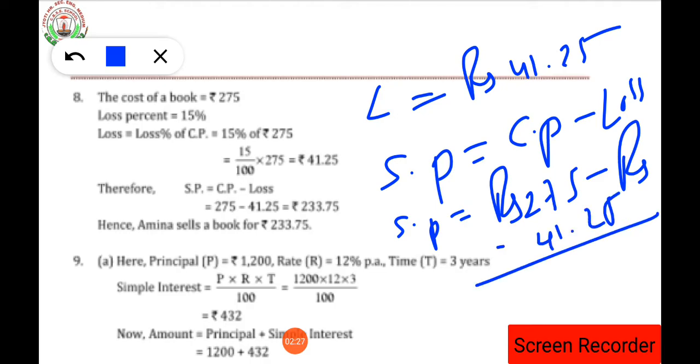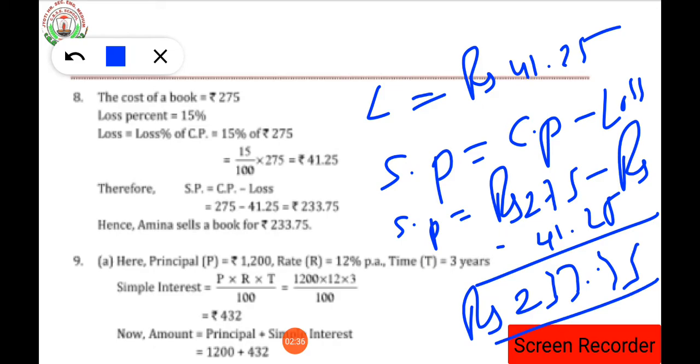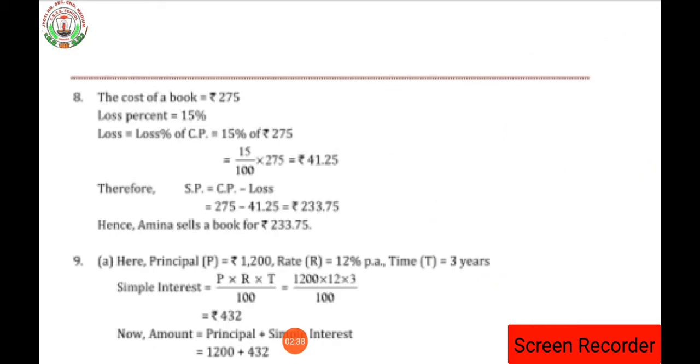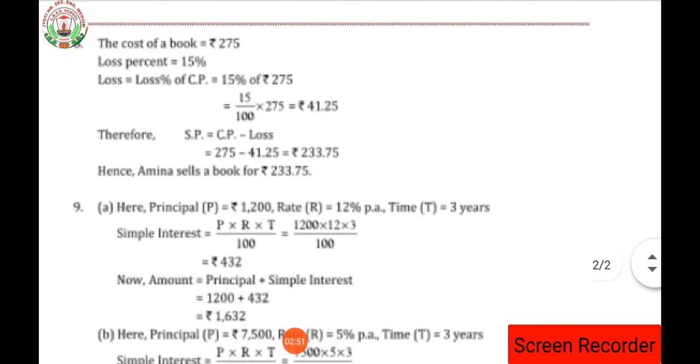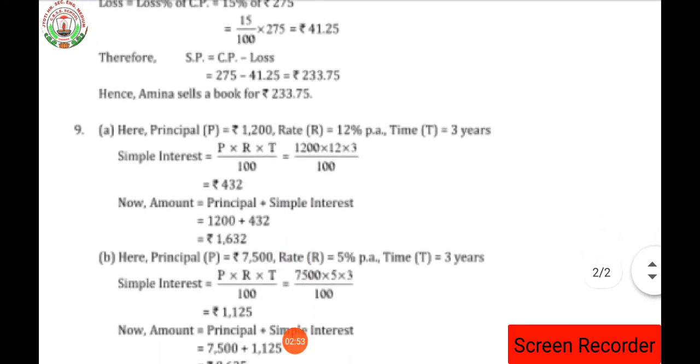Solving this by subtraction, we get rupees 233.75. So the answer is that Amina sells the book at the cost of rupees 233.75. Clear?